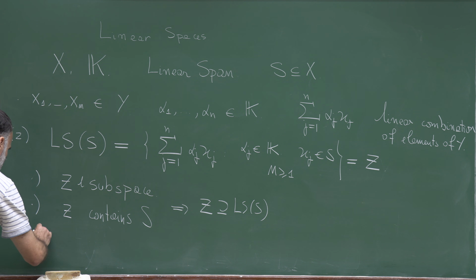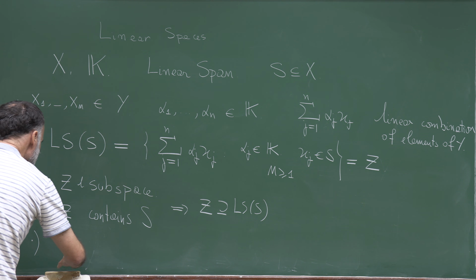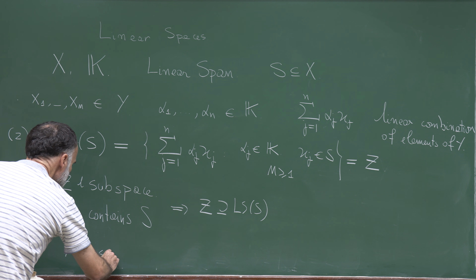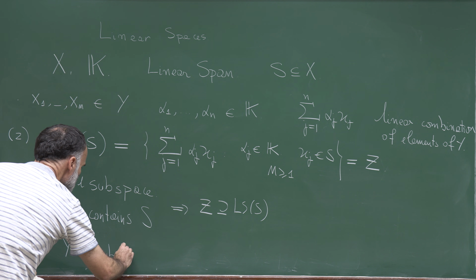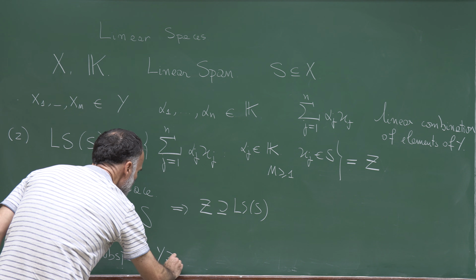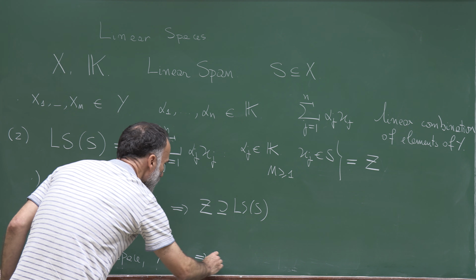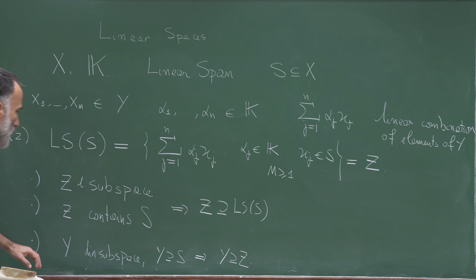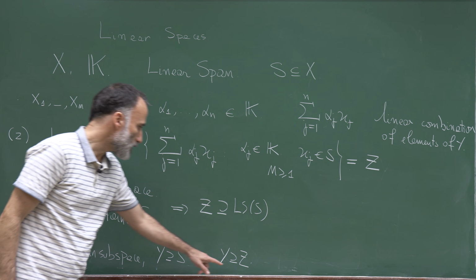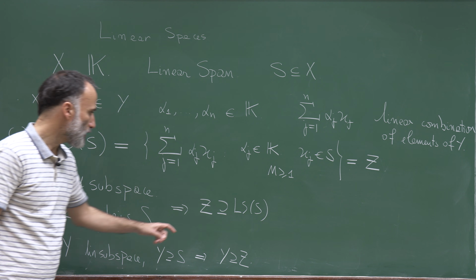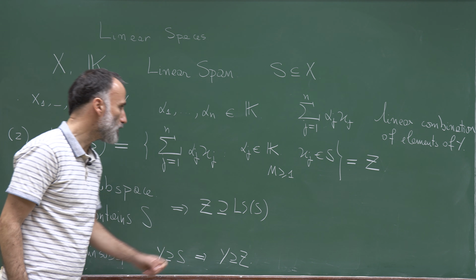And then I have to show that if Y is a linear subspace which contains S, then Y contains Z. Because this second property shows that Z is actually the smallest one. So by proving these three facts, I will have the identity between Z and the linear span.